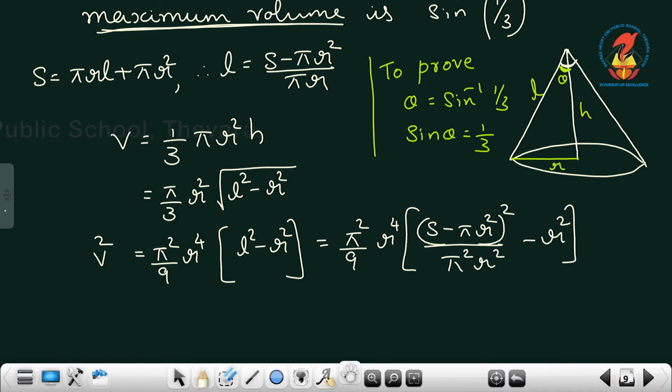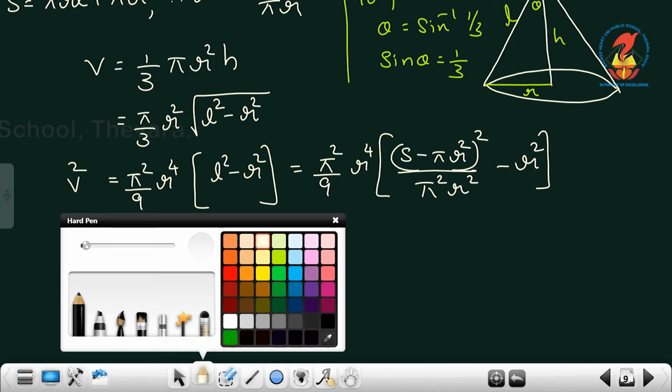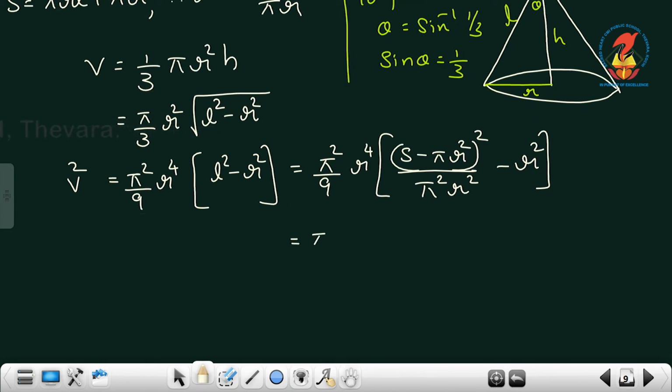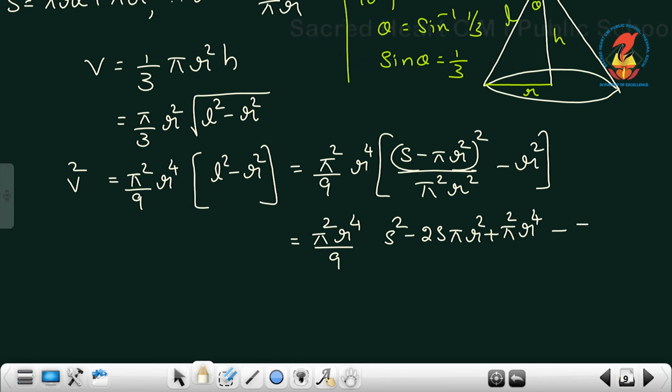Calculation is a little bit difficult. You have to be very, very careful. So pi square r raised to 4 by 9. Expand this, a square minus 2ab plus b square. Then this we can cross multiply. So pi square r raised to 4.